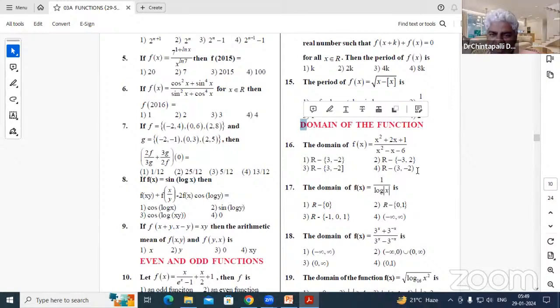Yeah. So which option is correct? Option 3, sir. No. All options seem to be the same, but there is a slight difference between each option. So it's option 1. What's the difference between option 1 and option 2? Sir, the signs for the numbers. Yeah, and those are intervals.